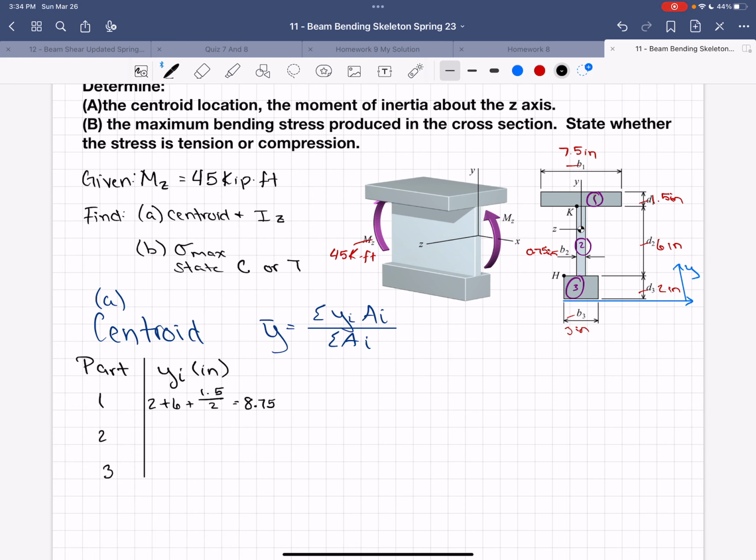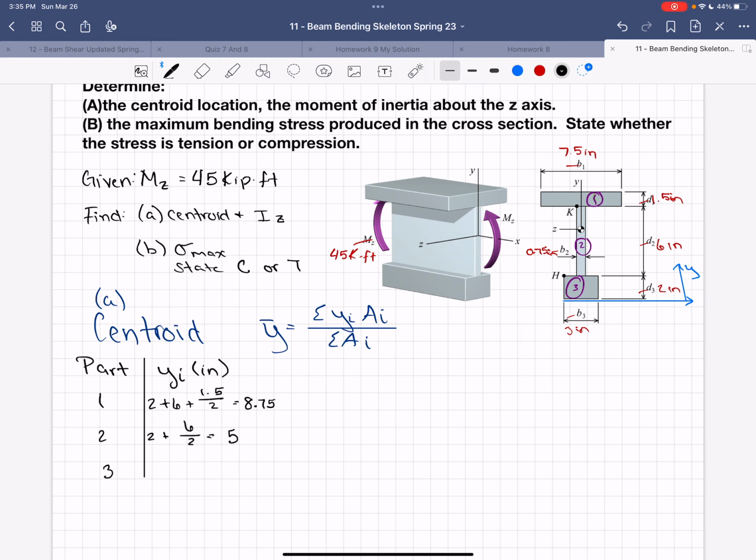Part 2. Now we just have to go up through part 3 and then halfway up part 2. So part 3 is 2 inches plus the whole height of part 2, 6 inches over 2, and that equals 5 inches.